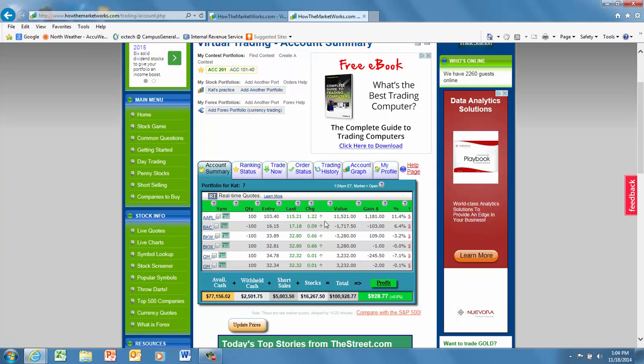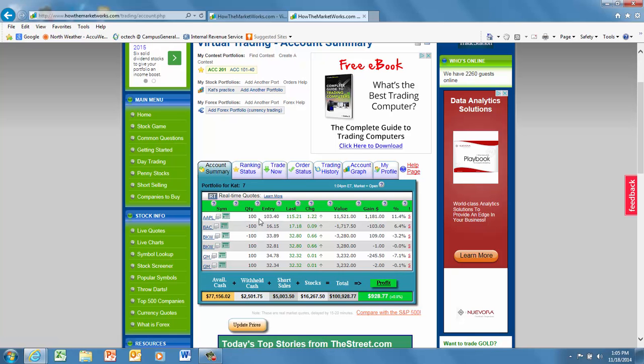So all these up arrows mean that the price went up. Okay, this is the total dollar value that I have, and this is the gain or loss if it's got a minus sign. So those minus sign ones are ones where I did the wrong thing and I lost some money. Okay, and this is the percentage of gain or loss that I have done. So my biggest gain has been Apple.